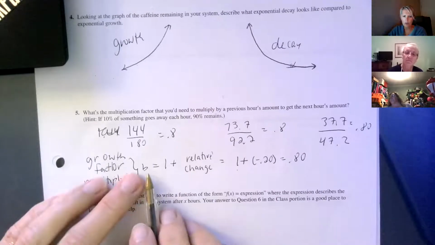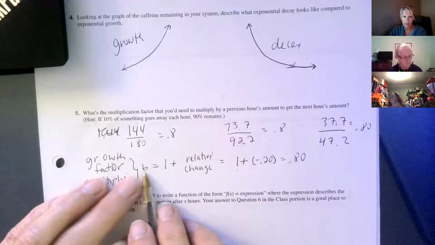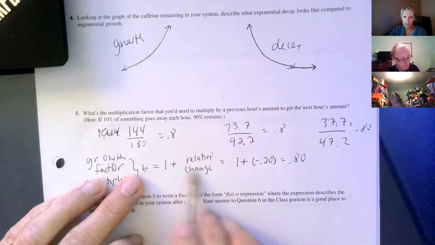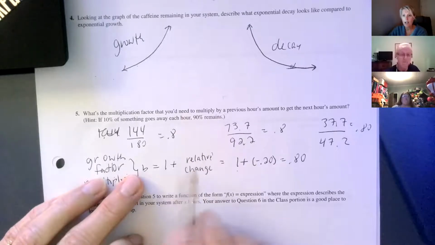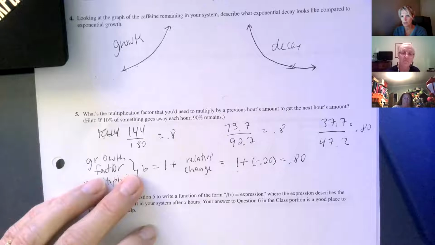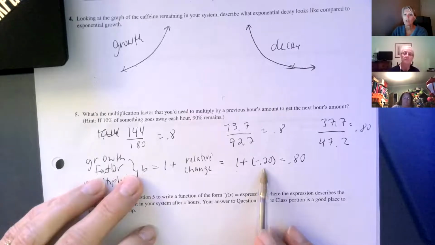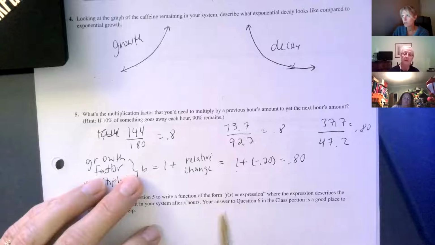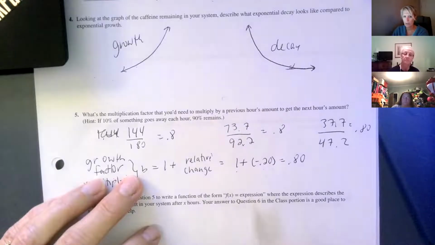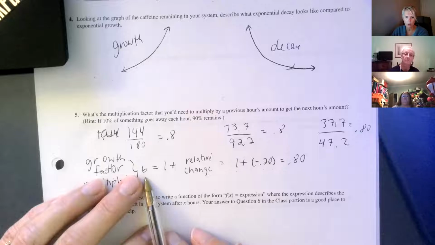So if we don't know what the multiplier or the growth factor is, we're going to take our relative change and add it to 1. So if they tell us it's a 20% decrease, we know that the relative change is a negative 0.2. If we know that it's a 7% growth, then we know our relative change is 0.07, and we can find that multiplier by adding 1.